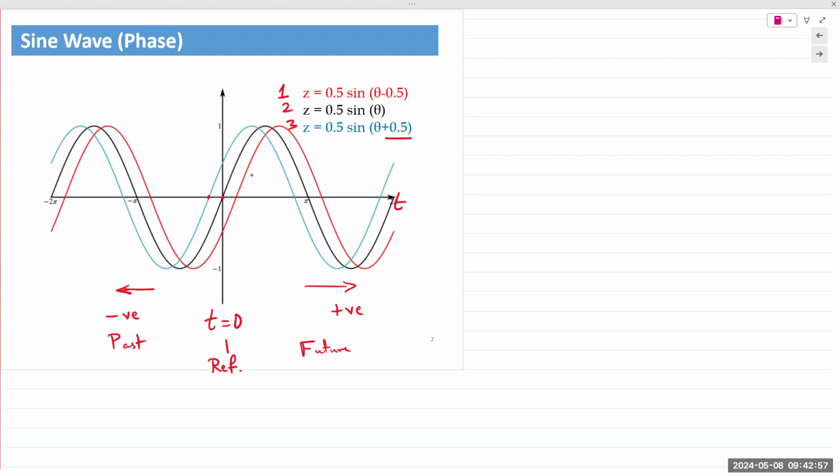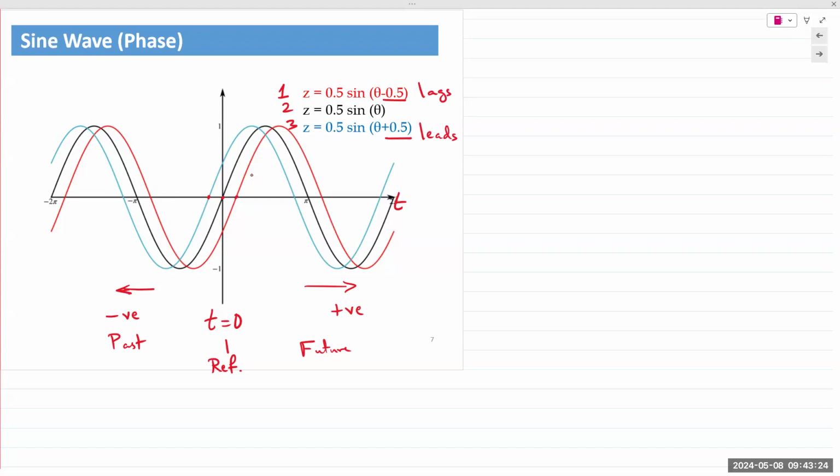On the other hand, the waveform in red has not yet arrived, and is crossing the x-axis at a later point in time. And so we say that waveform lags. So this leads, this lags. And that lagging is noted by a negative number.